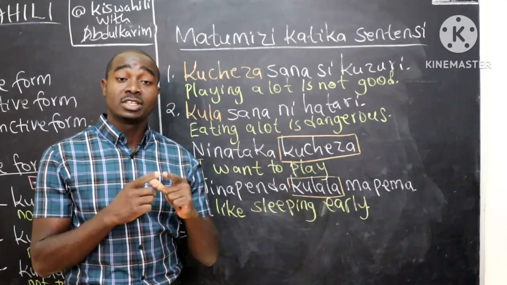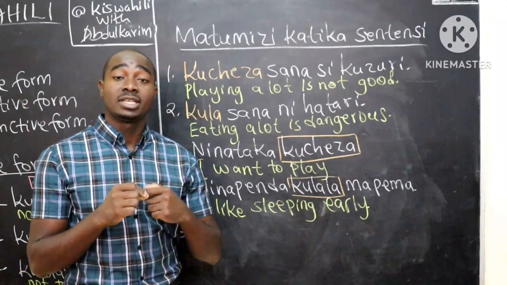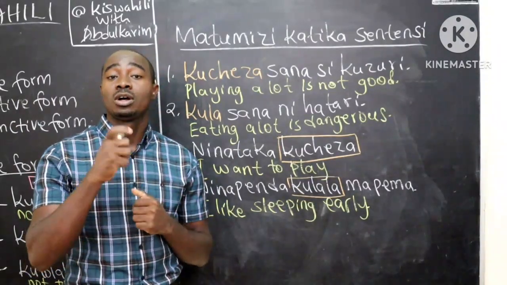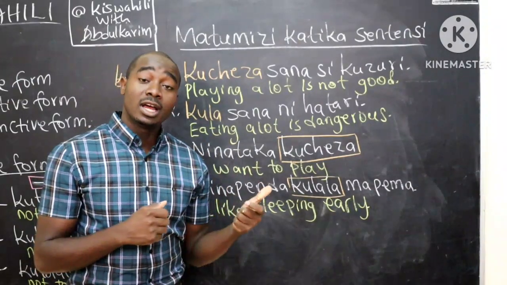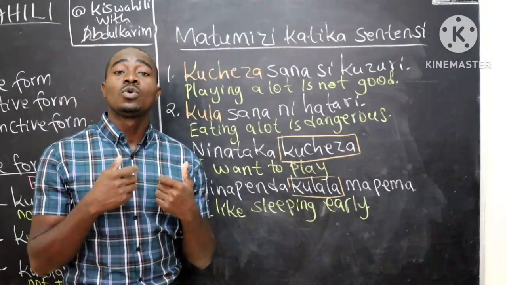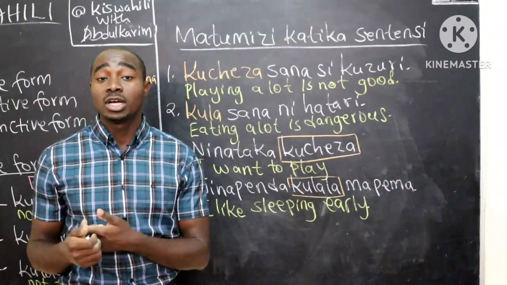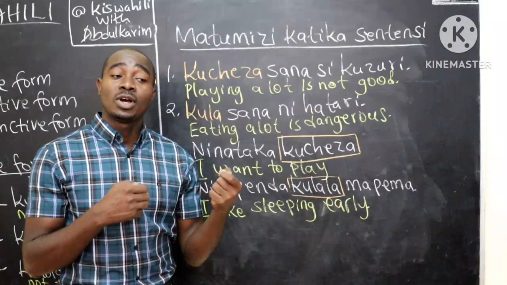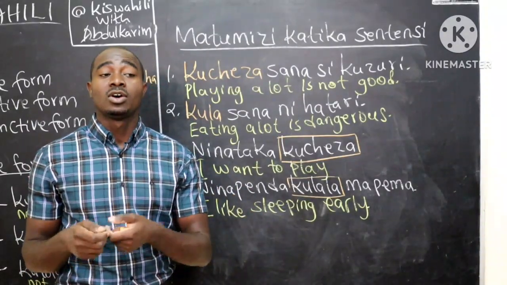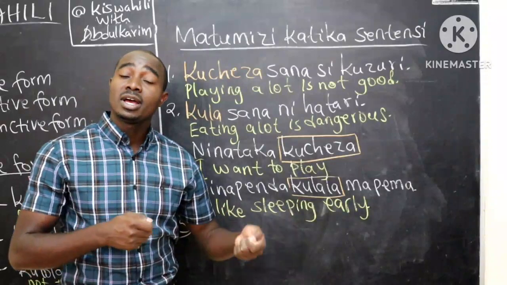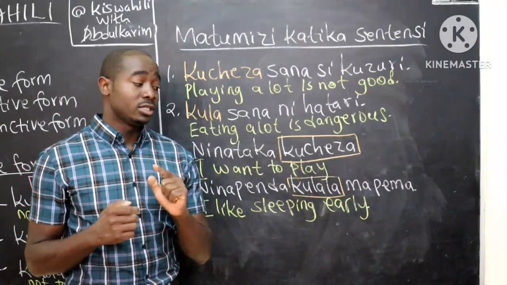Tukitumia vitenzi viwili na tunaunganisha na neno na, basi kitendo cha pili kitakuwa ku. Sawa. Nililala na kuota. Okay? Walikula na kunywa. Sawa. Walikimbia na kushinda. Haya, nitaandika hapo.